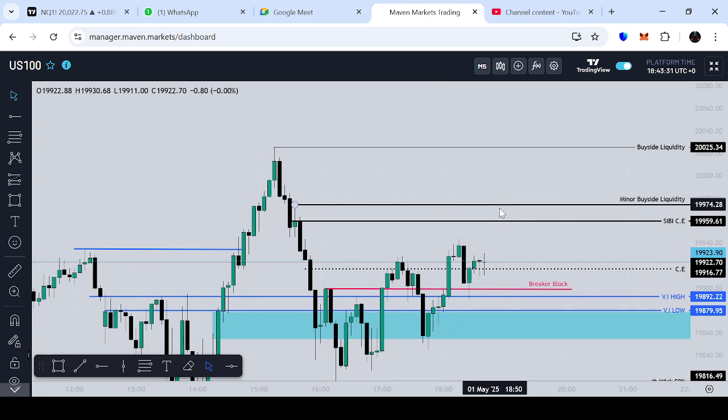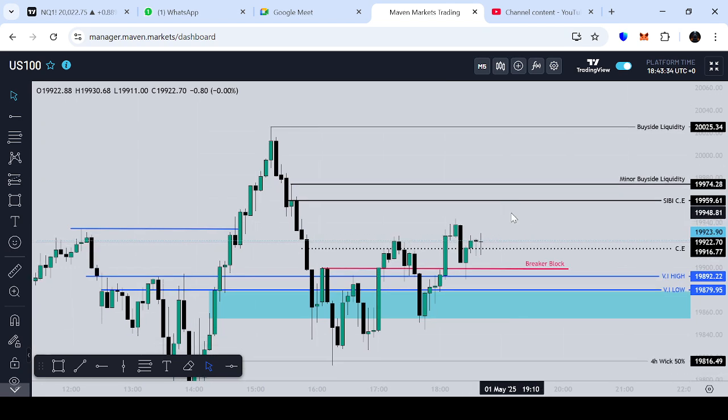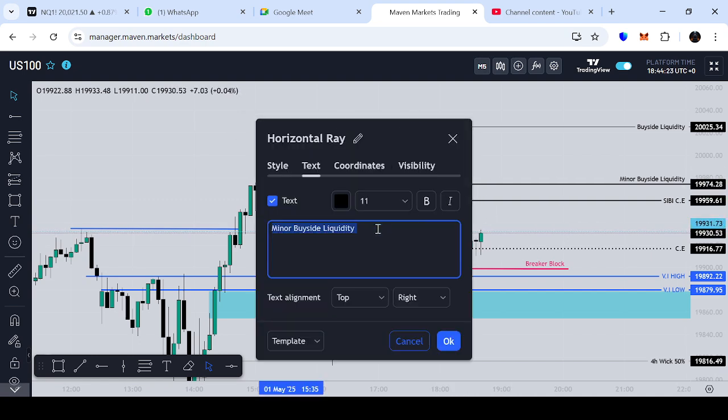If you'd like to see price trade above there, see price trade at this minor buy side liquidity.